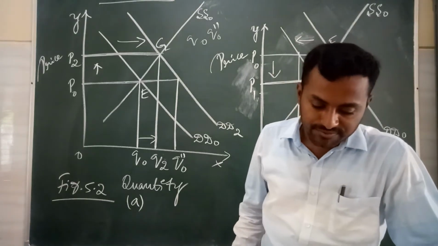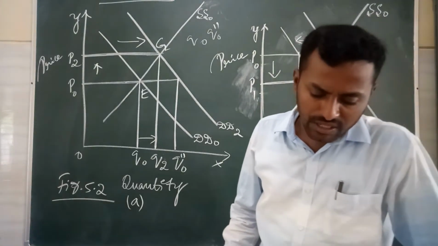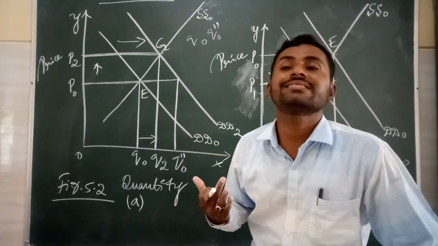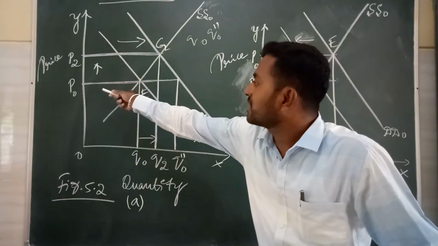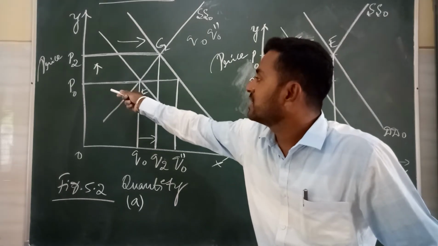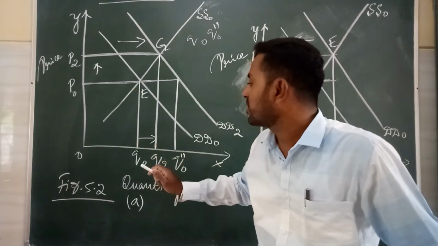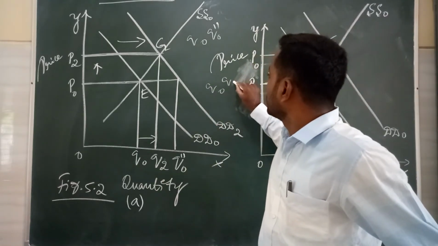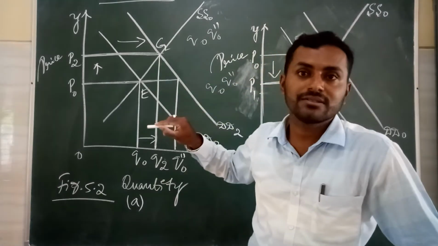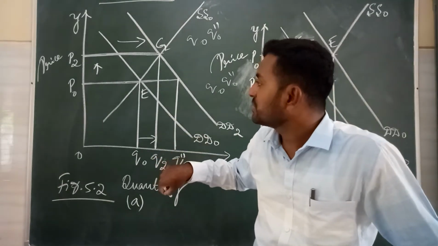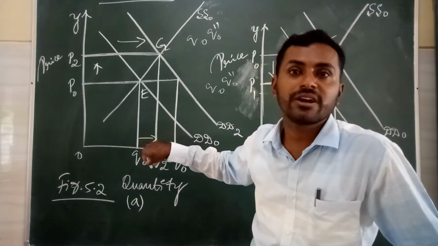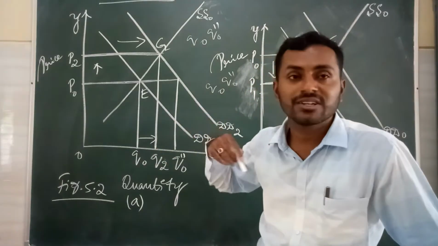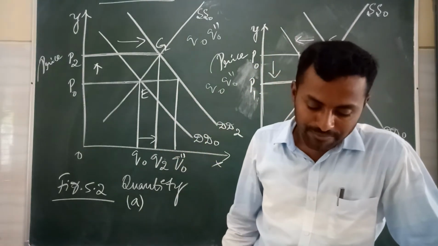Understood? Therefore, at price P0 there will be excess demand. At price P0, the consumers want to purchase the commodity at a quantity of Q0 dash rather than Q0.